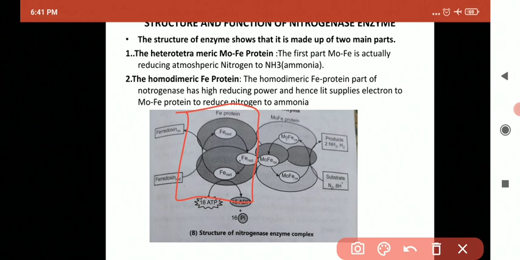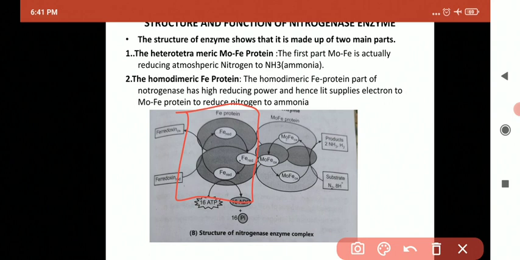It has one Fe4S4 cluster of 60 to 64 kilodalton weight. This component 2 or protein 2, the reductase Fe protein, is called dinitrogenase reductase.